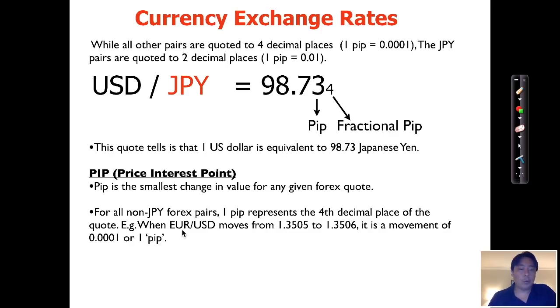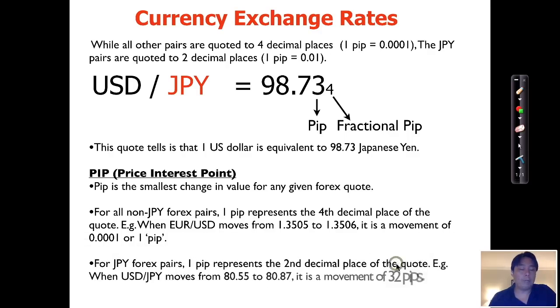When the Euro USD moves from 1.3505 to 1.3506, it's a movement of 1 pip or 0.0001. For yen forex pairs, 1 pip represents the 2nd decimal place. When the dollar yen moves from 80.55 to 80.87, it's a movement of 32 pips. Just reiterating what I said, so I hope you're clear at this point.